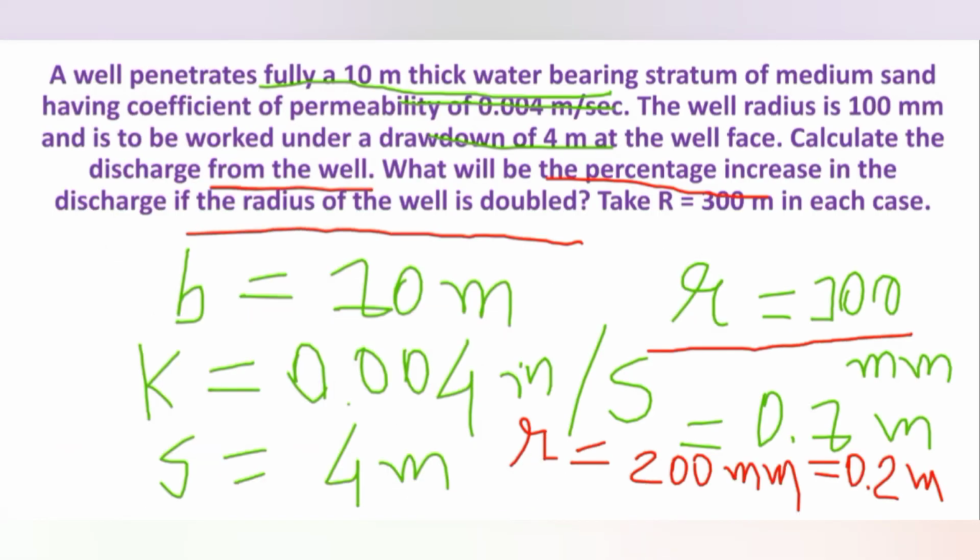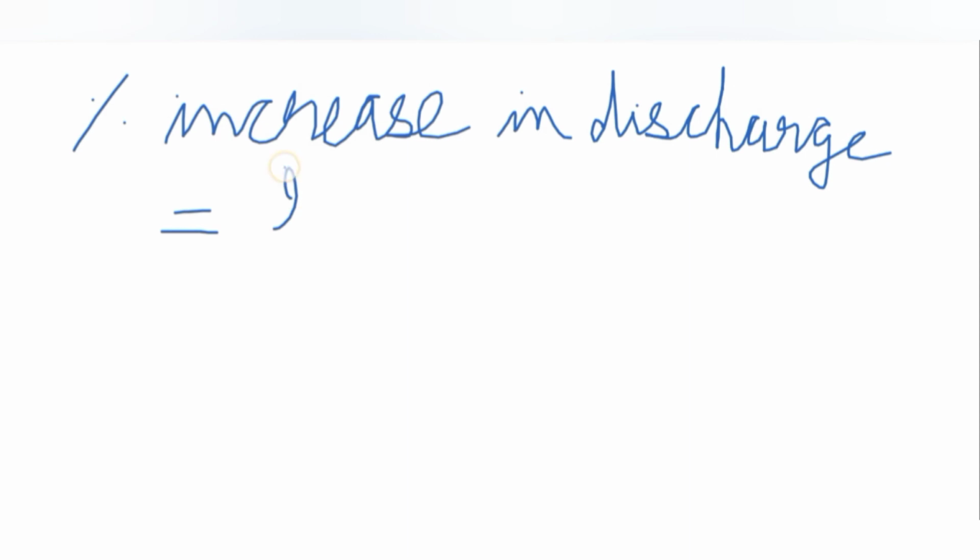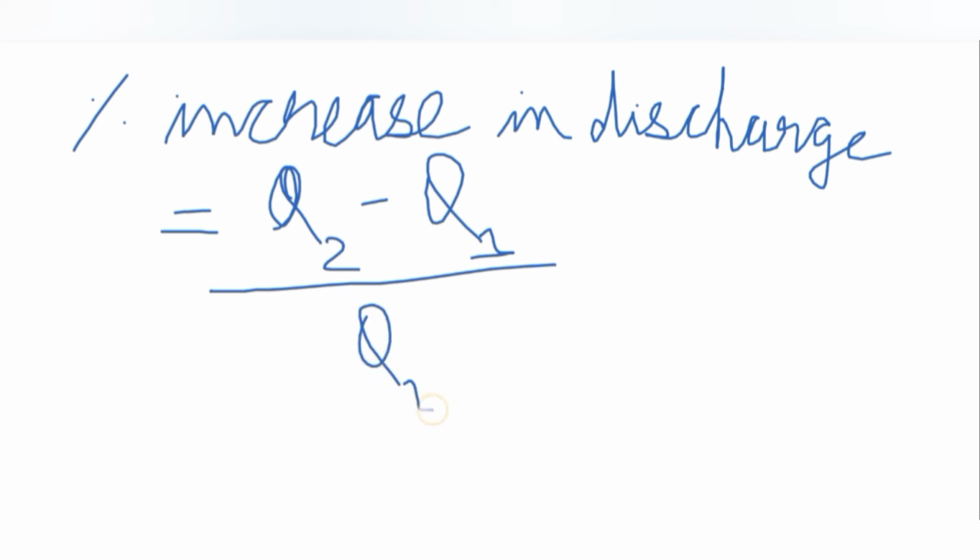Here in the question, it is asked to find the percentage increase in the discharge. So, the percentage increase in discharge is equal to Q2 minus Q1 upon Q1 into 100.